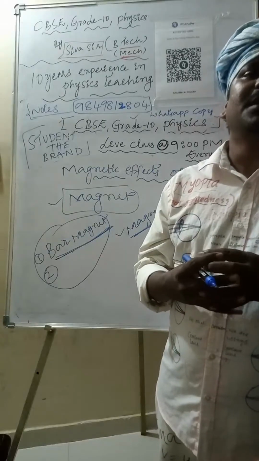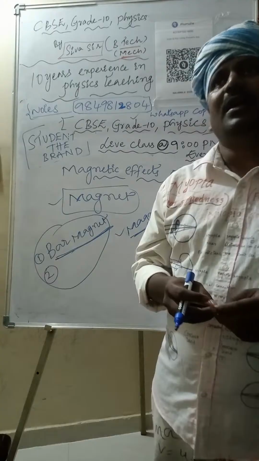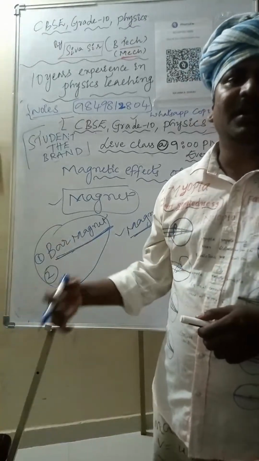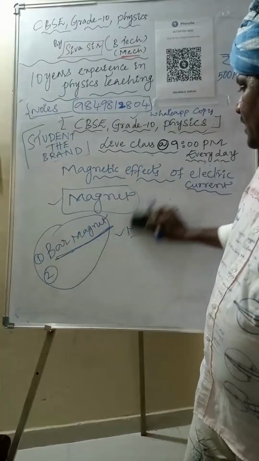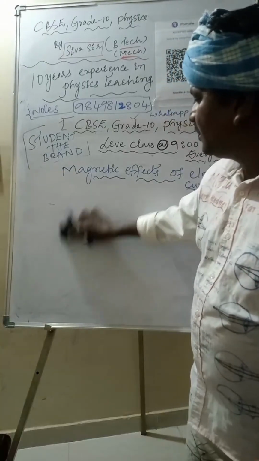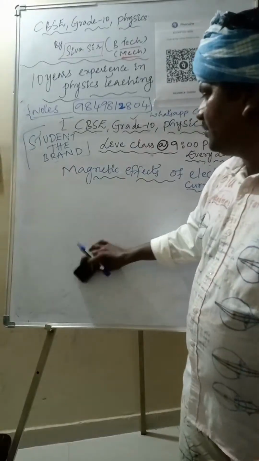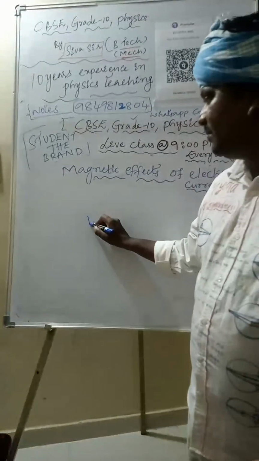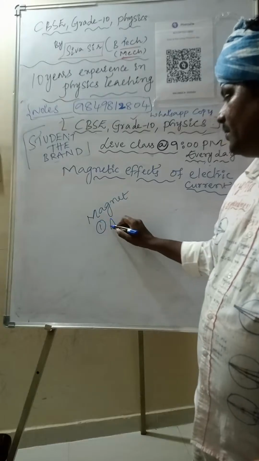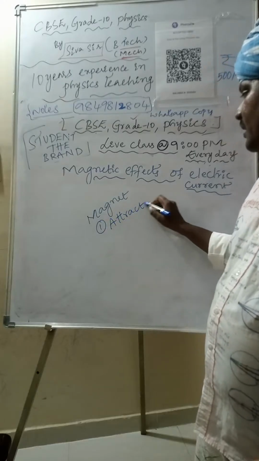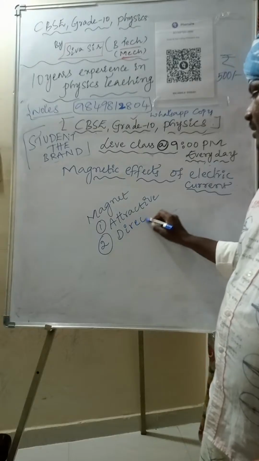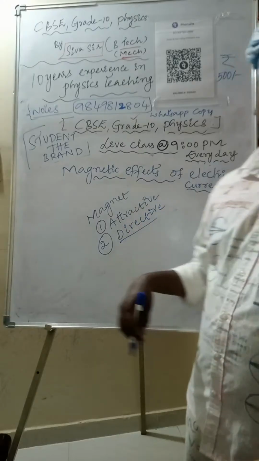A magnet has two properties: one is the attractive property, and the second one is the directive property.